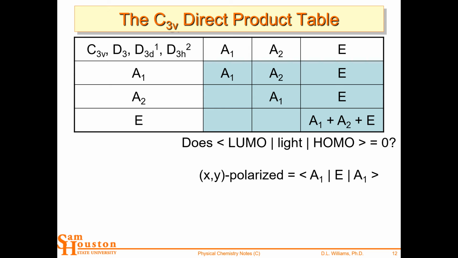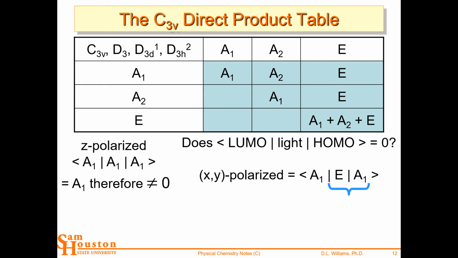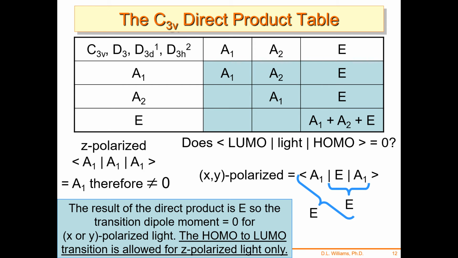So let's do this one for X polarized light. E times A1: we find over here, E times A1 gives us E. Everybody follow that? That was pretty easy. And then we have A1 times E. Same kind of thing, A1 times E gives E. So our result of this direct product is going to be E.